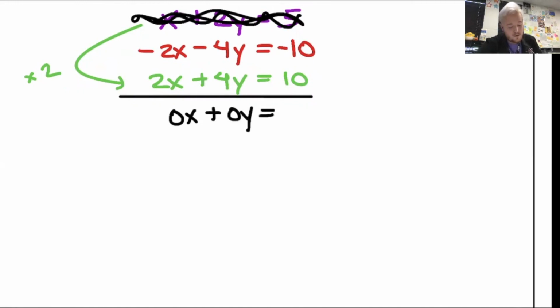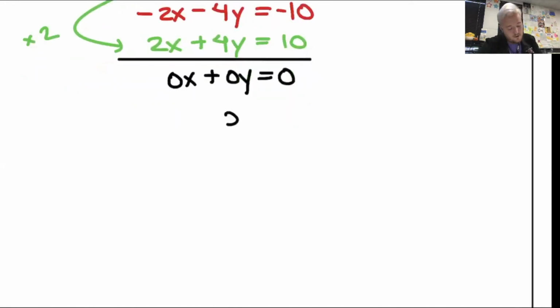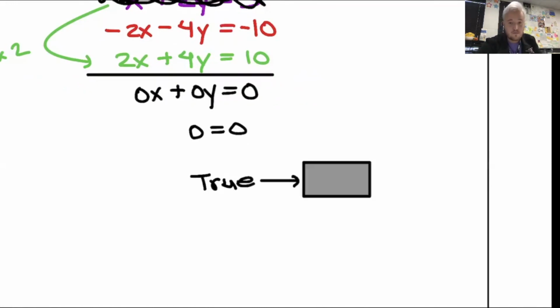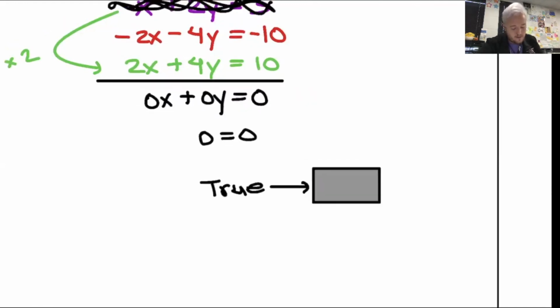And then negative 10 plus 10 gives you 0. So we're just going to have 0 equals 0. So because 0 equals 0, that's actually a true statement, which means this is going to be infinitely many solutions, or all real numbers. Perfect. We're doing great.